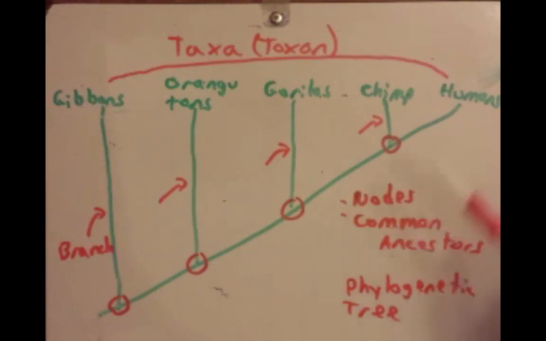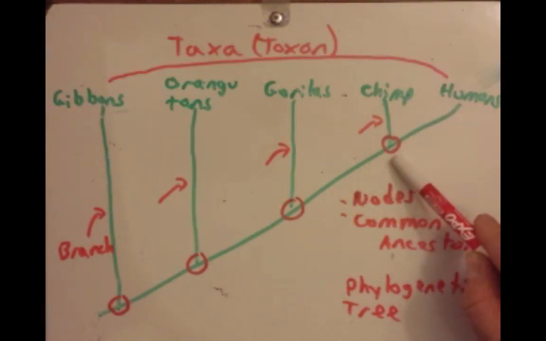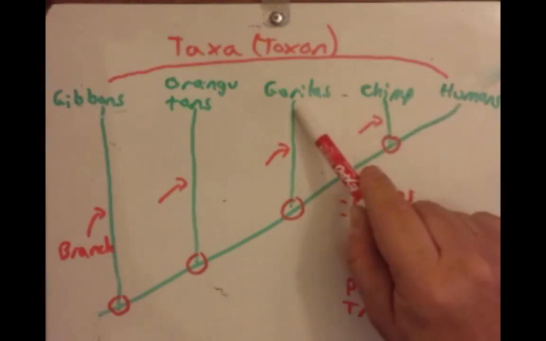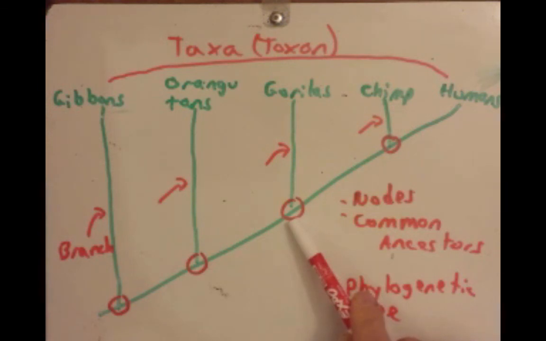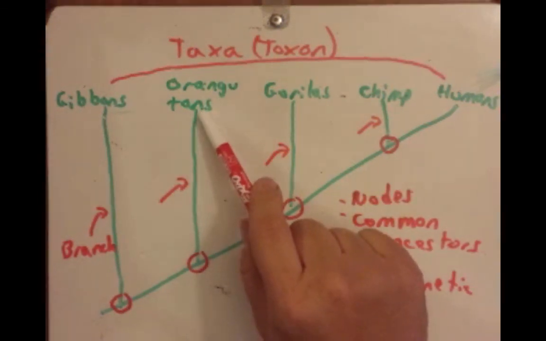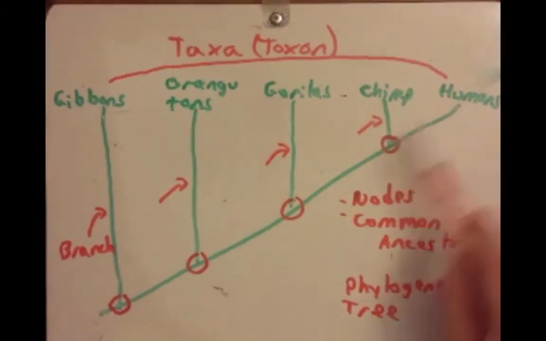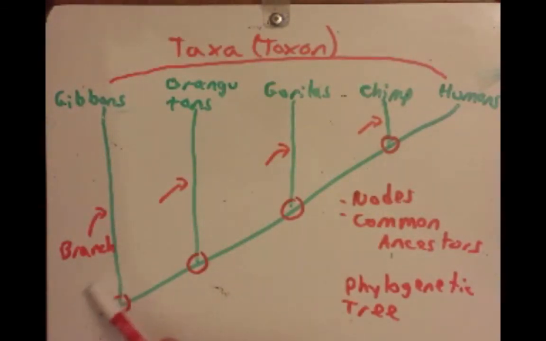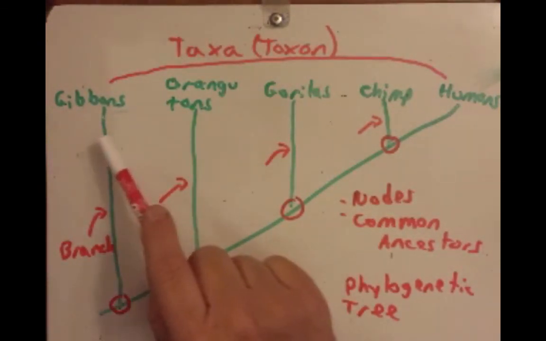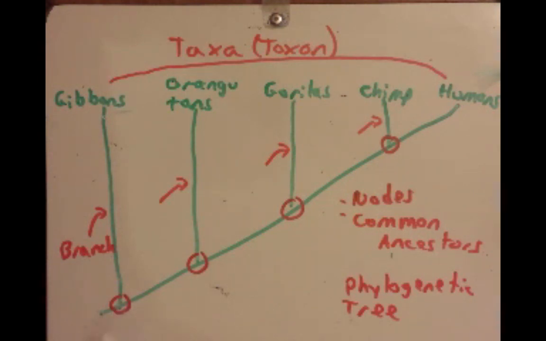So for instance, the common ancestor of chimpanzees and humans is represented at this node here. The common ancestor of humans, chimpanzees, and gorillas is here. The common ancestor of orangutans, gorillas, chimps, and humans is here. And the common ancestor for all of these organisms within this order is right here.